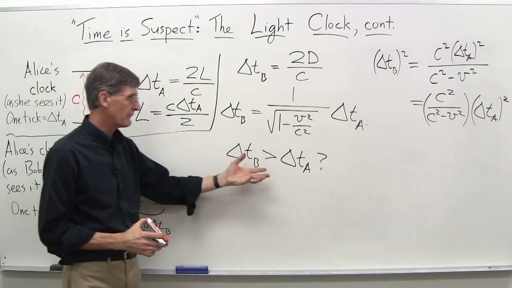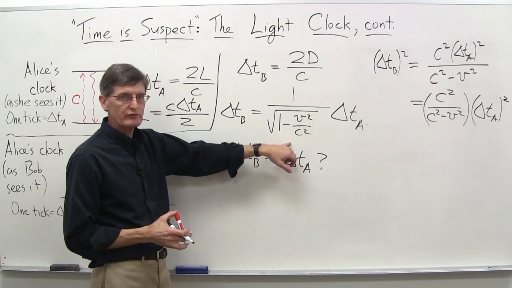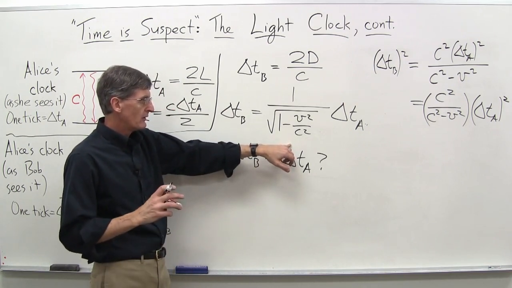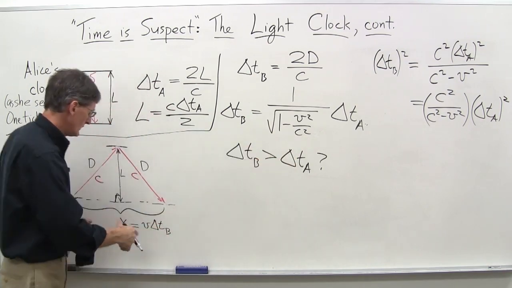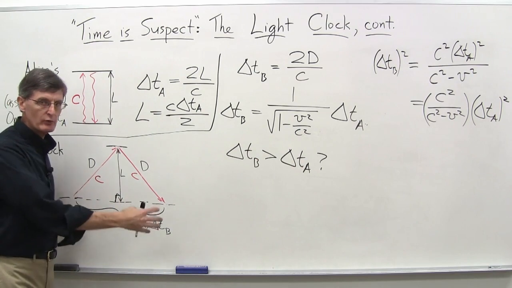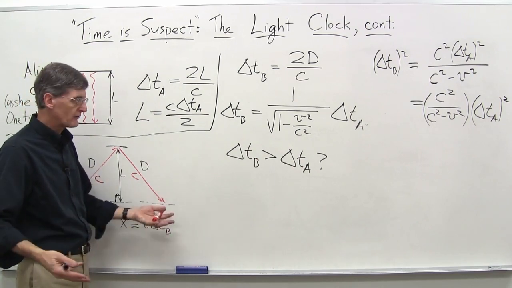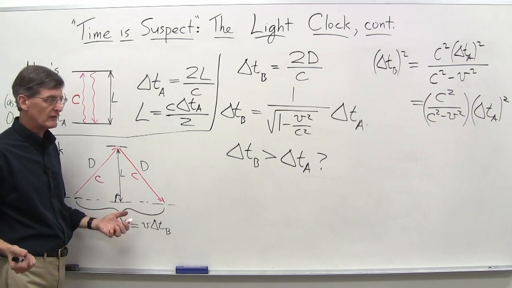So let's think about this a minute, and let's also think about a couple of extreme cases. What happens if v is 0? If v is 0, that means Alice's clock isn't moving at all. It's just like Alice and Bob are side by side, sitting there with their clocks next to them, and they should be running the same with identical clocks.